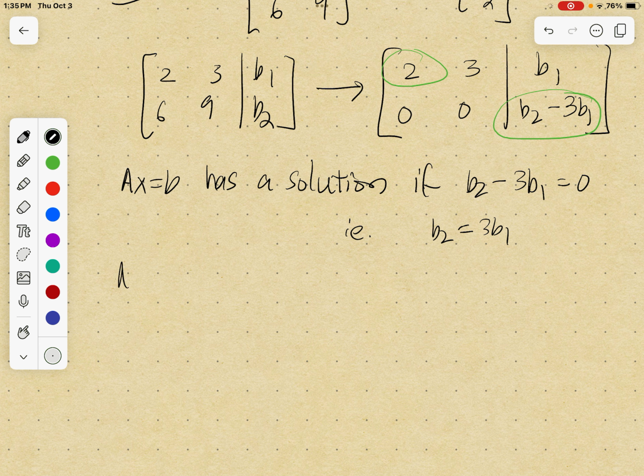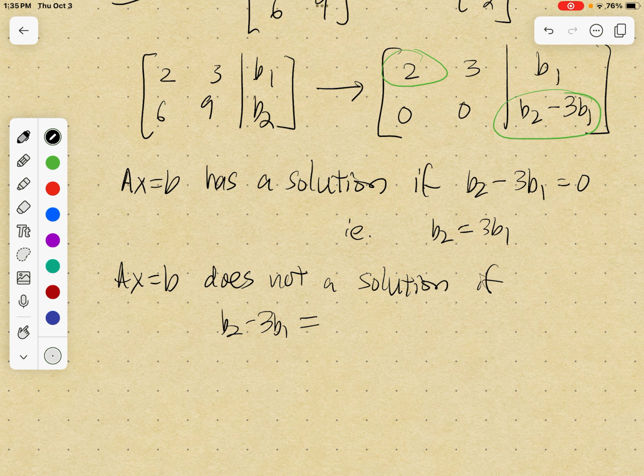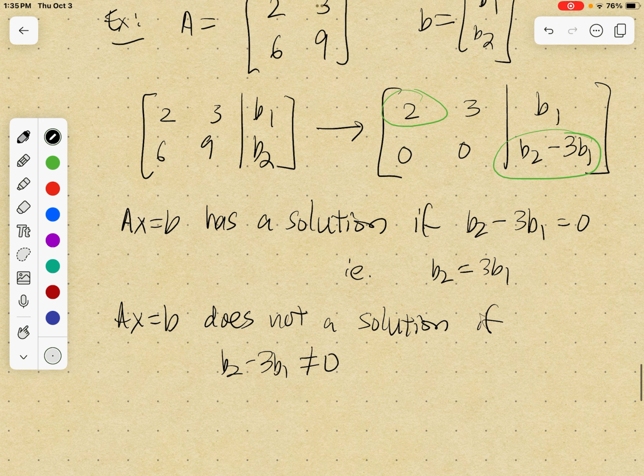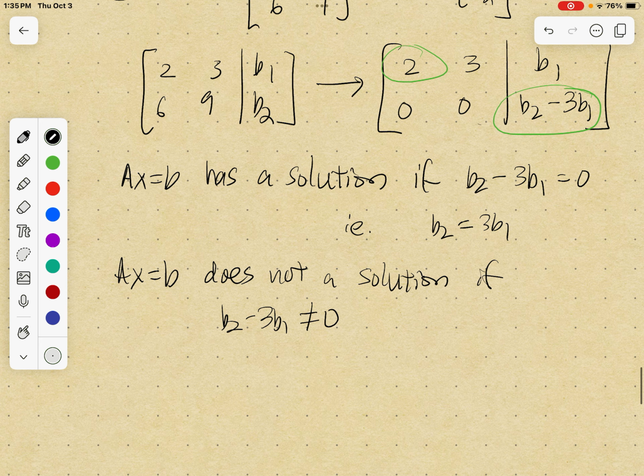But AX equals B does not have a solution if B2 minus 3 B1 is not 0, because then you're going to get 0, 0, and the second equation is going to read 0 equals something that's not 0. That has no solution.